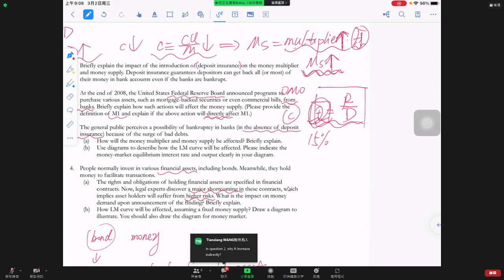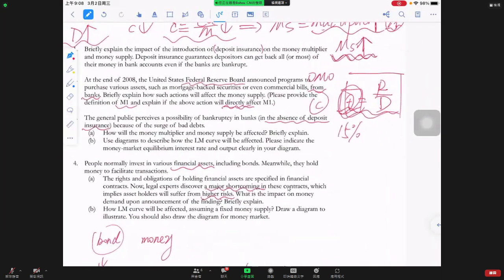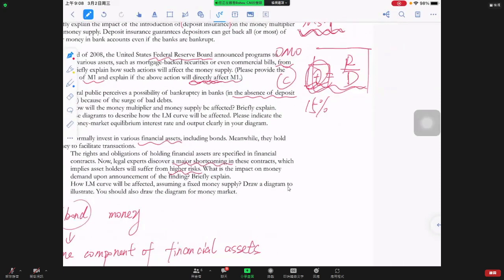Why does R increase indirectly? R increases directly, but D increases indirectly. This question asks whether it will affect M1 directly or not. M1 is CU and D. This OMO directly affects R, and with an increase in R, D increases.